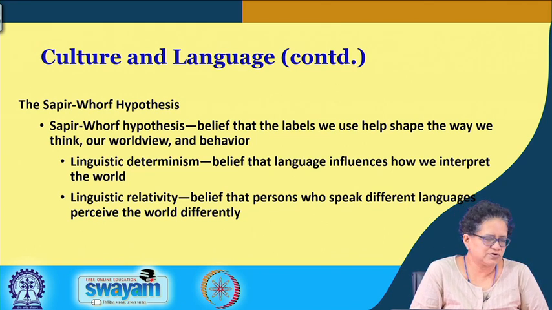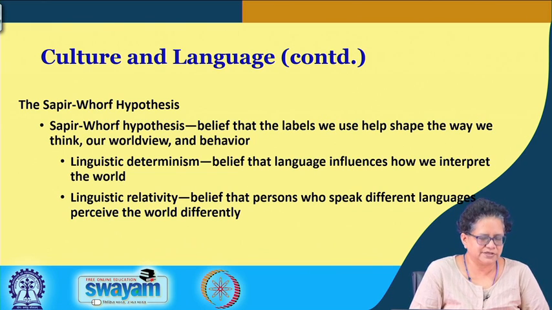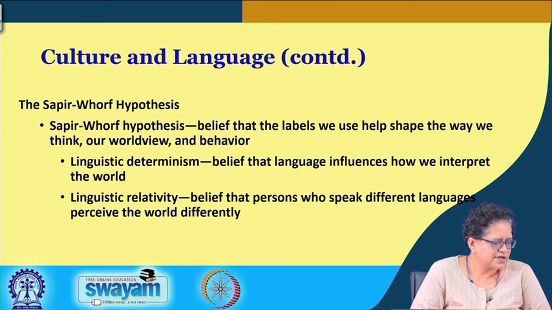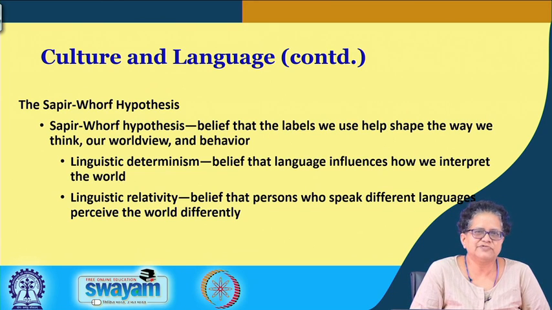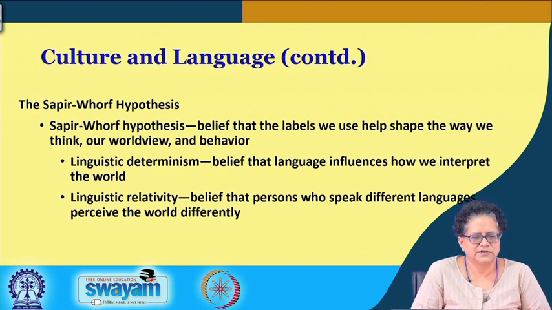So, in other words, what Sapir and Whorf say is that the world we experience shapes the language we speak, and the language we speak, on the other hand, sustains our perception of reality or the world and our view of the world.